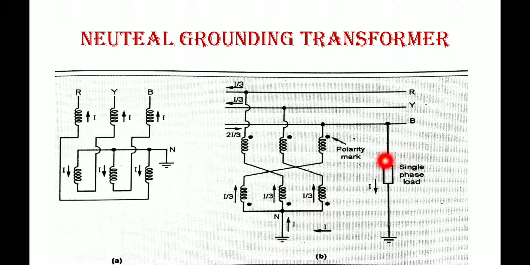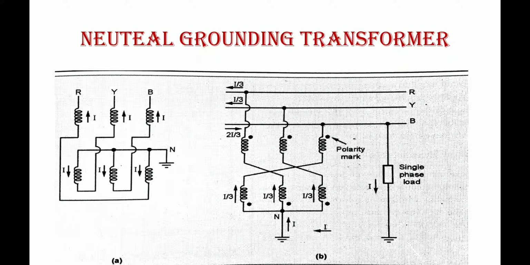This load current I is divided into 3 equal currents in each winding, that is I by 3. Then the current in all the 3 windings will be almost equal. In that case, the neutral point is going to stay fixed, and the line to neutral voltage is going to remain balanced itself. Getting my point? So that is the reason.